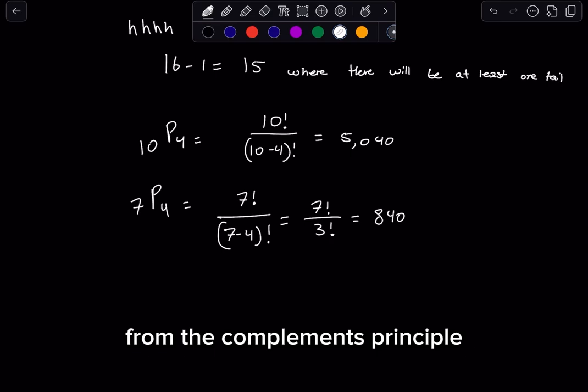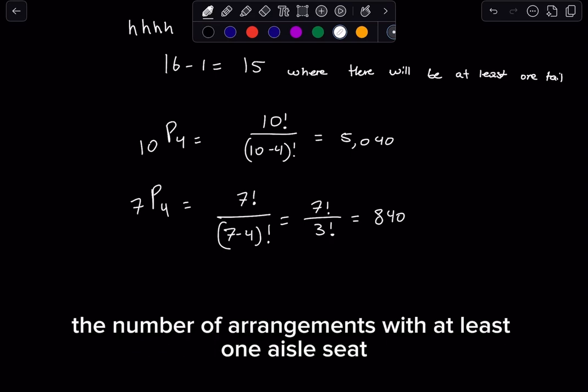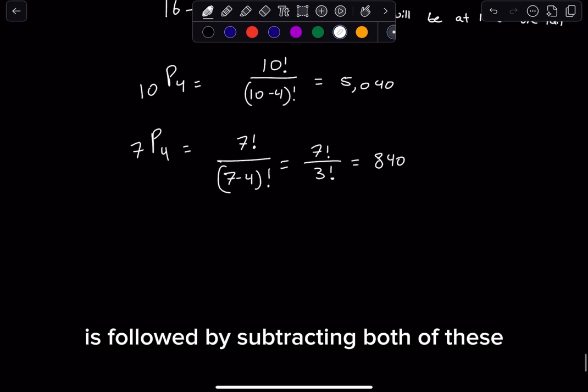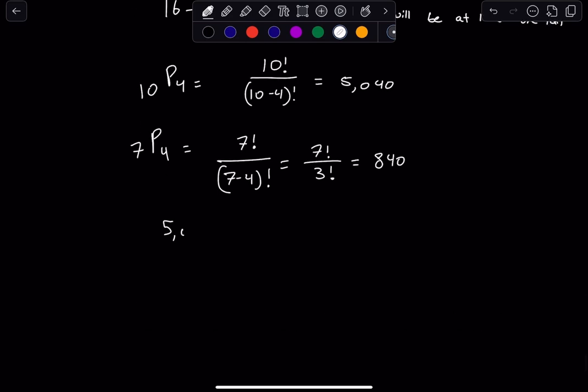From the complements principle, the number of arrangements with at least one aisle seat is found by subtracting these two, giving 4,200 different arrangements with at least one aisle seat.